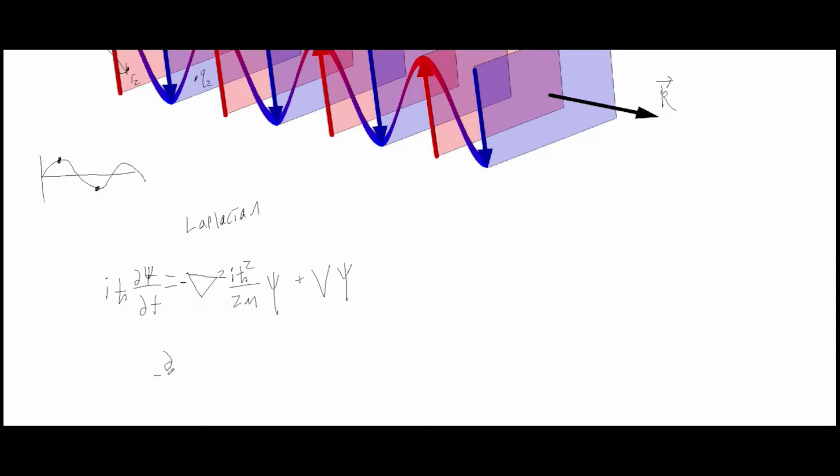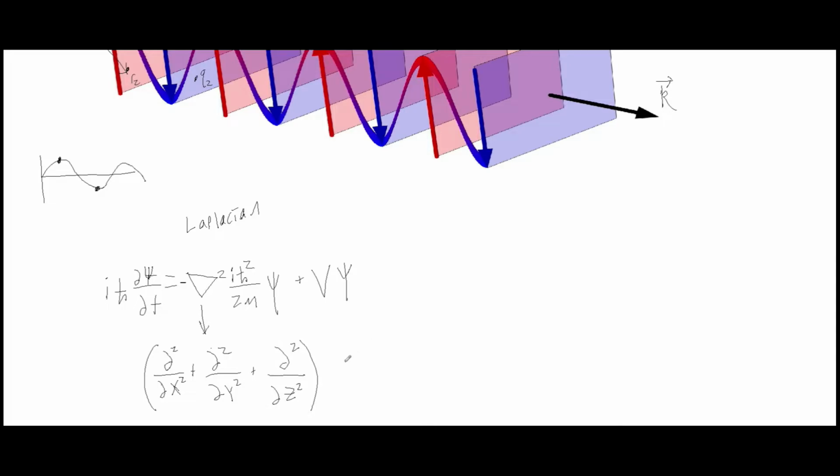So it's actually the second order partial with respect to x, plus the second with respect to y, plus the second order partial with respect to z. So that takes into consideration all three spatial directions or dimensions.